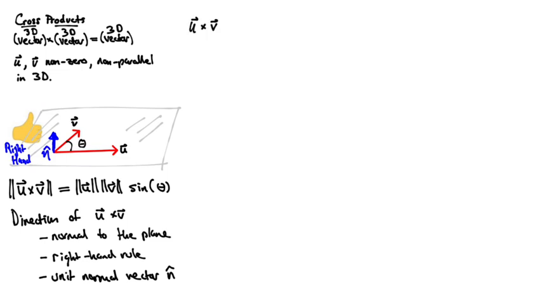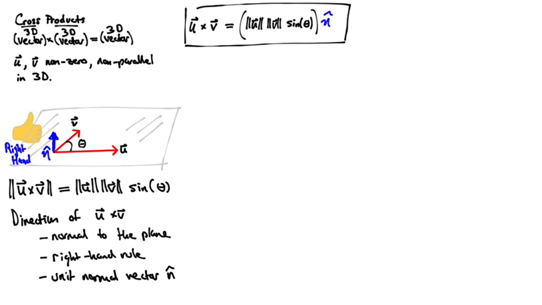We can now define the cross product as a vector. U cross v is given by its length, length of u, length of v, sine of the angle. Right now that's just a scalar quantity, and we're going to scale that unit normal vector n hat by that amount, and that's how we define the cross product of these two vectors.